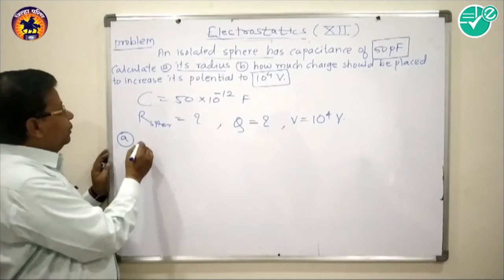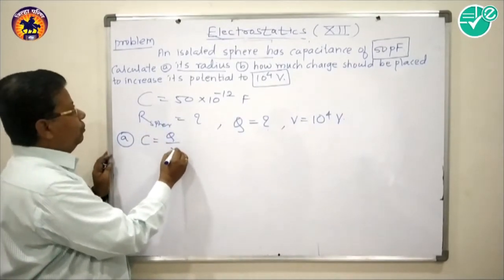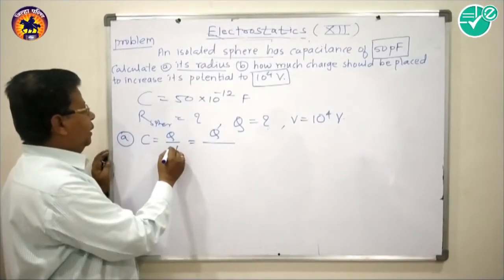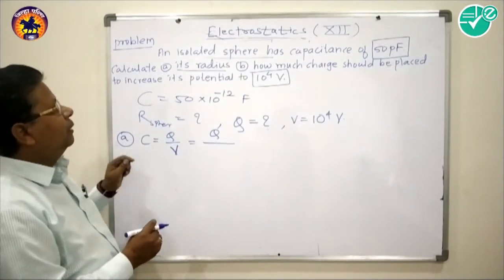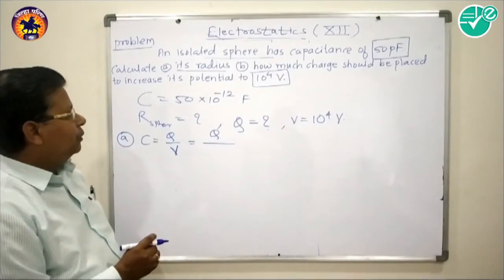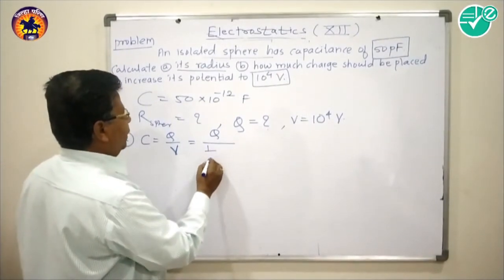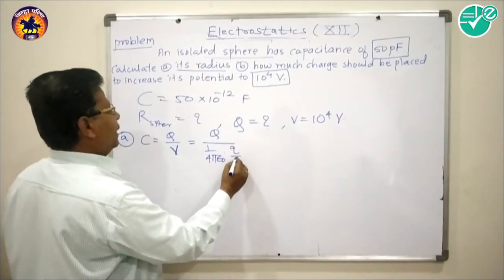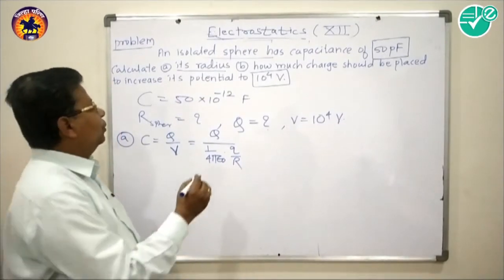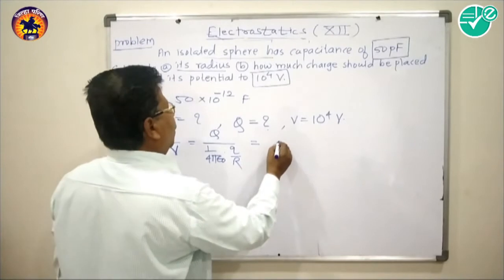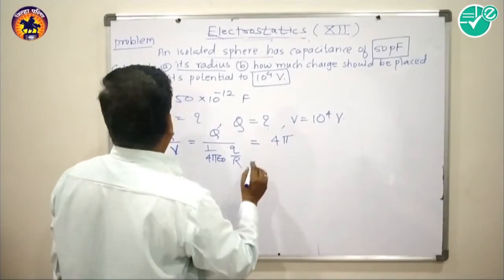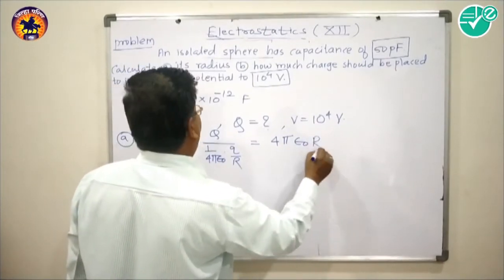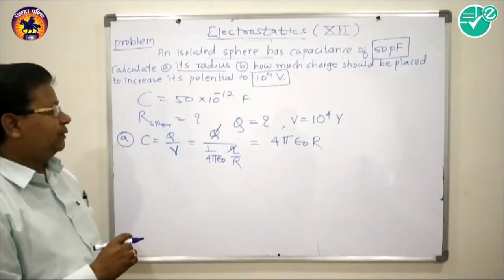Then to find the radius, we know that C is equal to Q by V, which is equal to Q divided by the electric potential due to the sphere, which is given by 1 upon 4 pi epsilon 0 into Q divided by capital R. So C is equal to 4 pi epsilon 0 into R. This Q and this Q get cancelled.